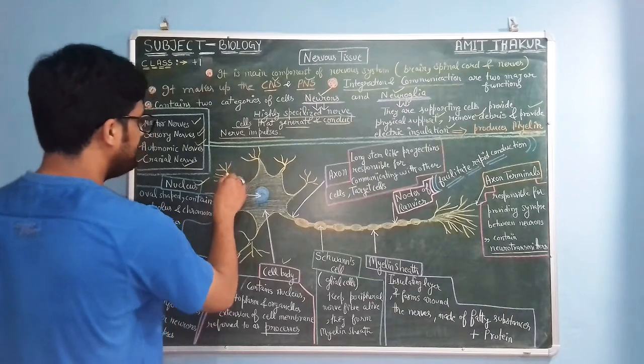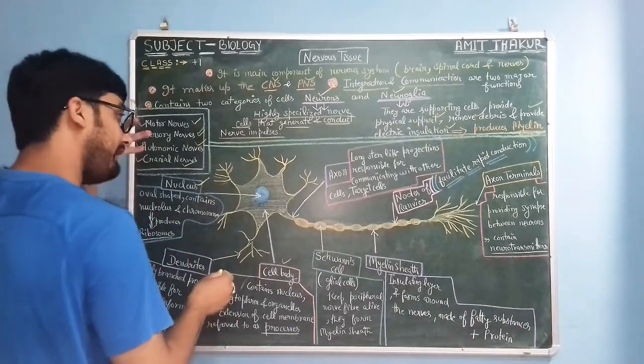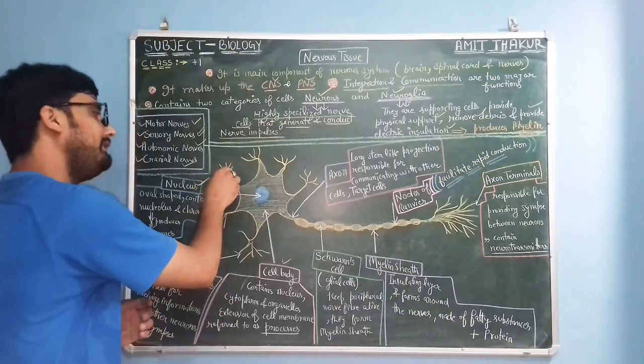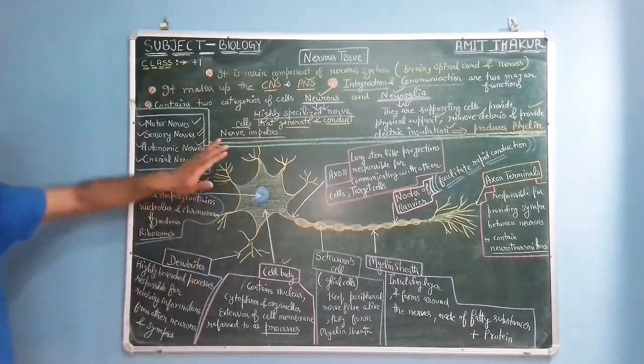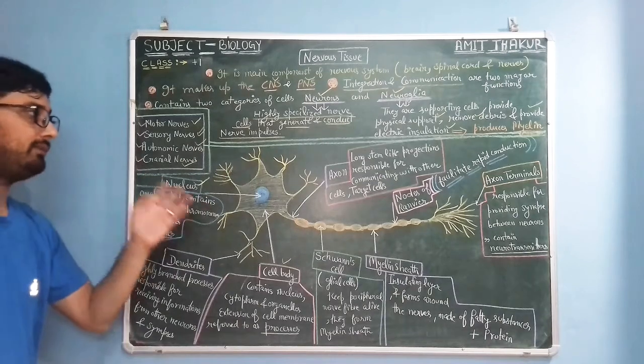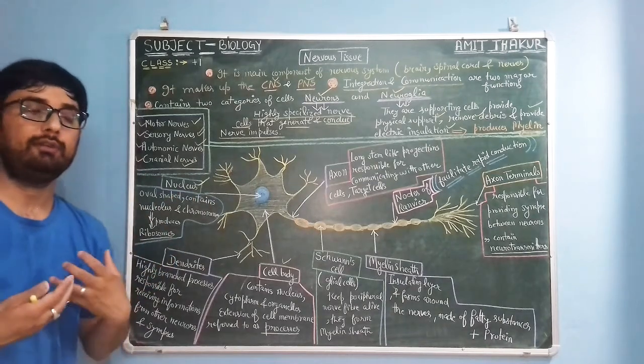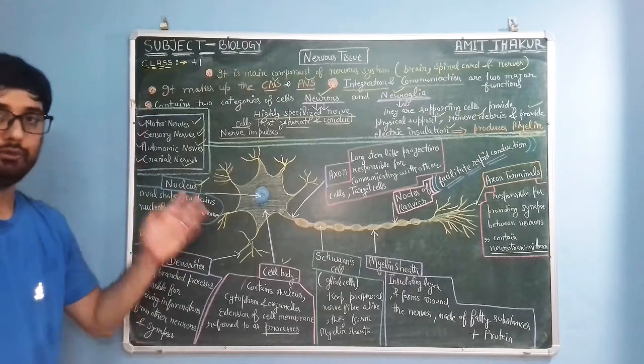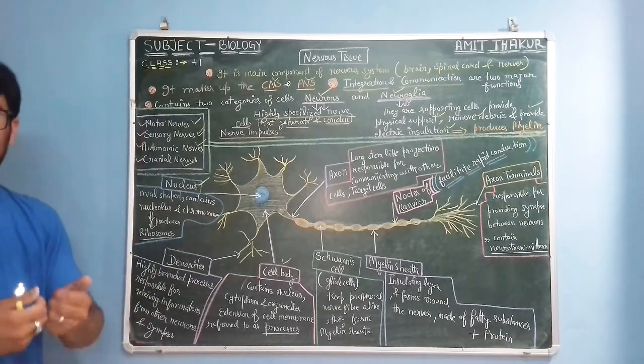These branched structures are extensions of the plasma membrane, which are known as dendrites. When we talk about extensions of the cell membrane in the case of neurons, they are known as processes.